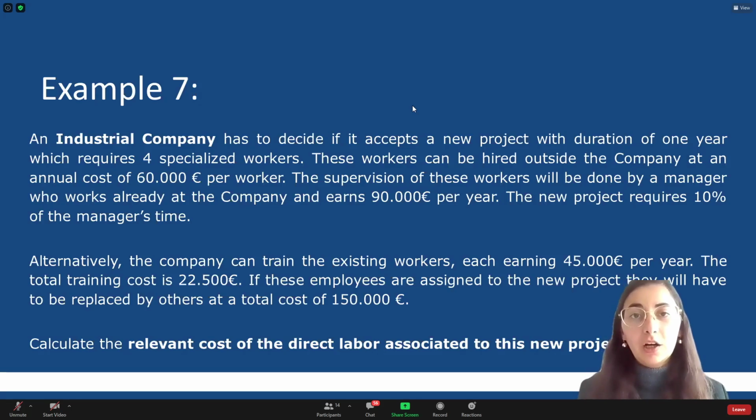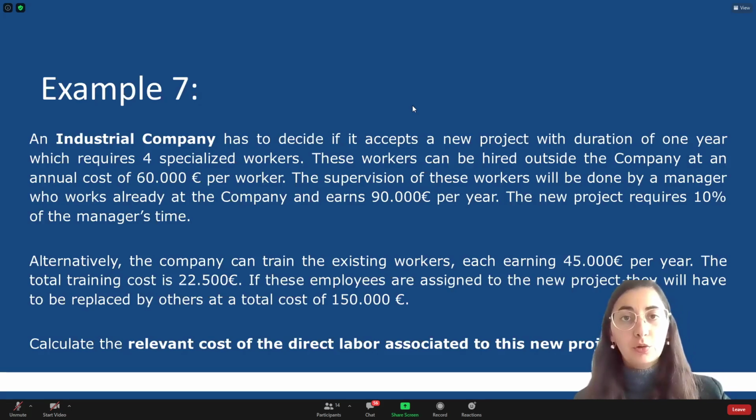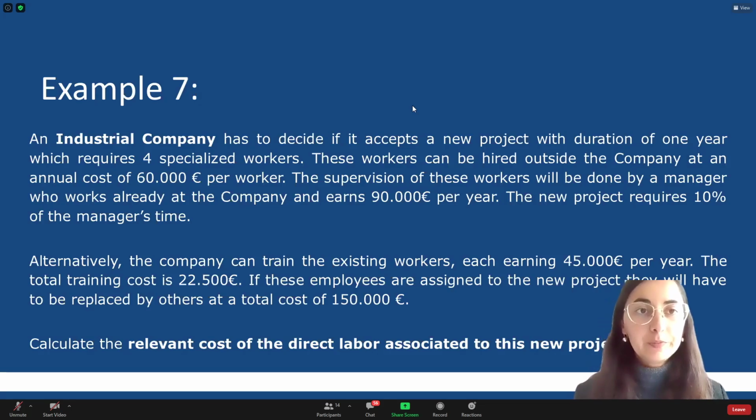We already incur the 45,000 euros, independent of the choice. But if we choose to train, what will be the extra cost? Well, if we choose this option, we will have an extra cost with the training, 22,500, and an extra cost with hiring new employees, with a total cost of 150,000. Okay, now I understand. Thank you very much.